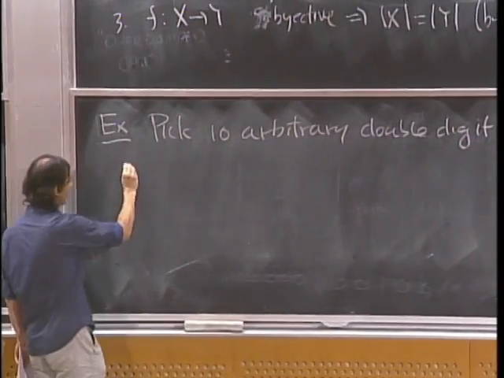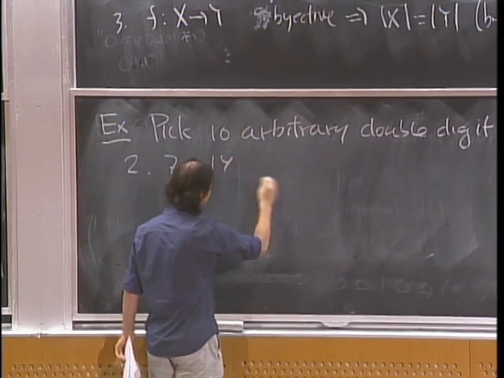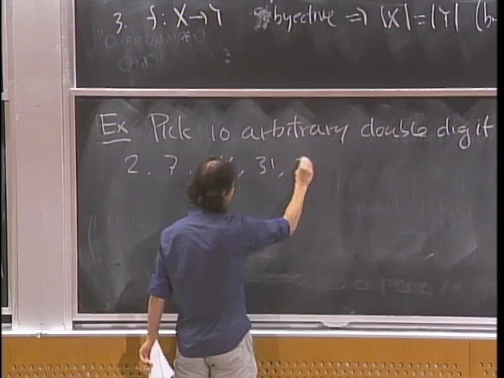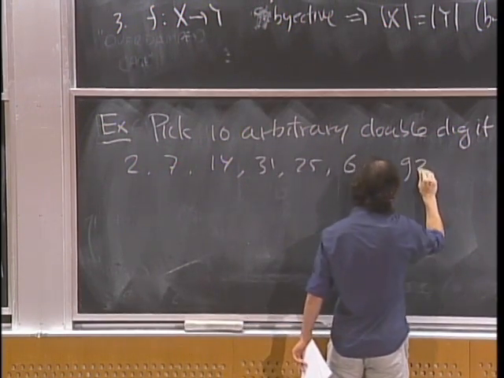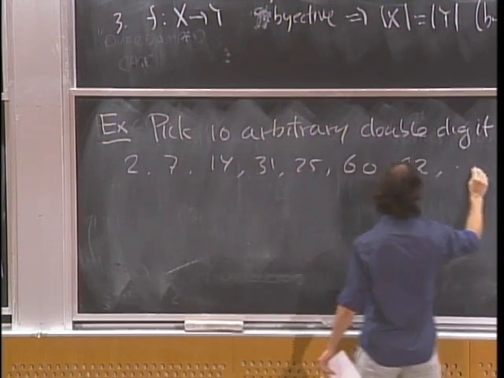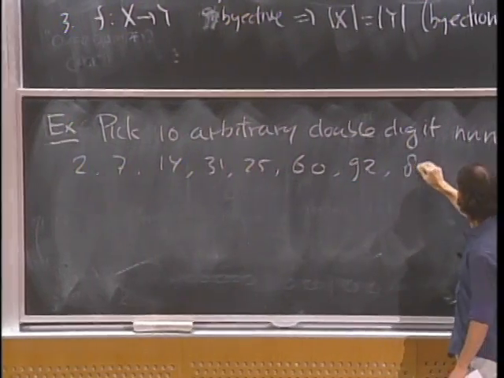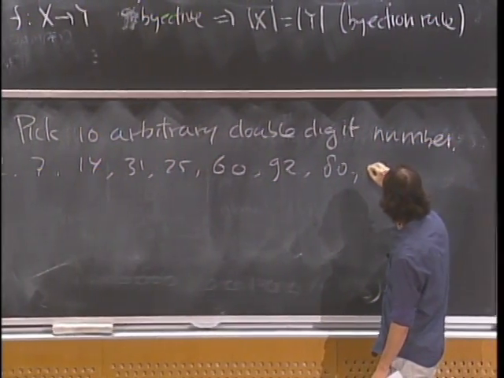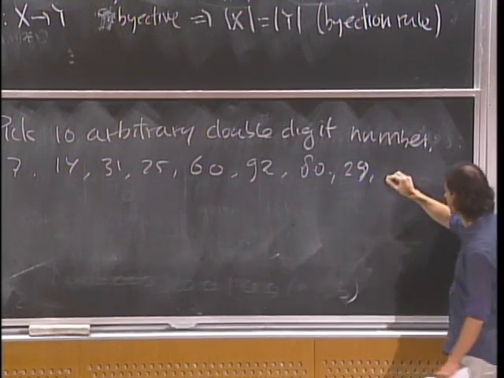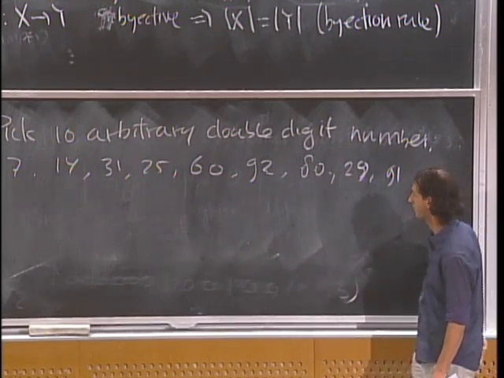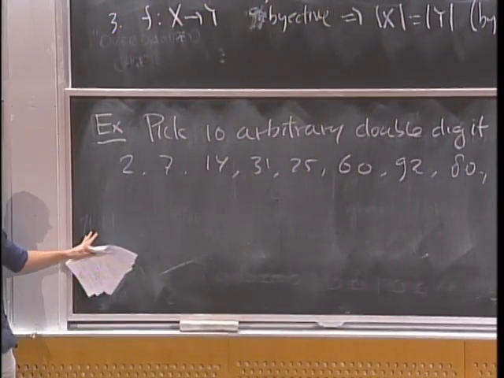You may add a few too. I don't know, 2, 7, 14, 31, 25, 60, 92, and so on. So I have 1, 2, 3, 4, 5, 6, 7, 8, 9, and another one, say 91 or something like that. So I have 10 double-digit numbers.